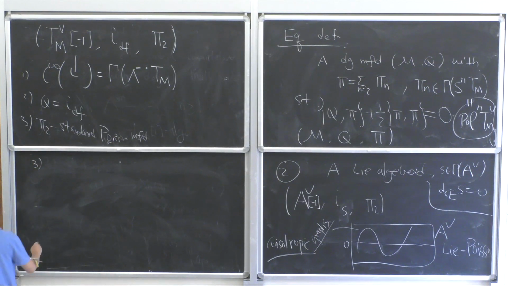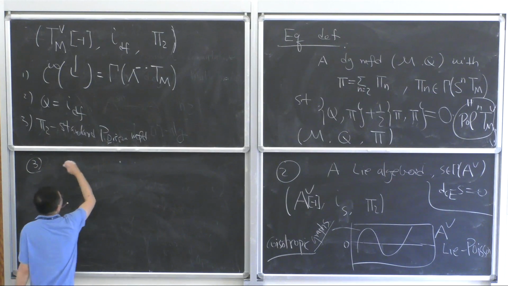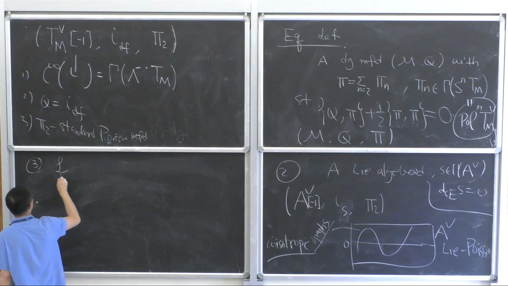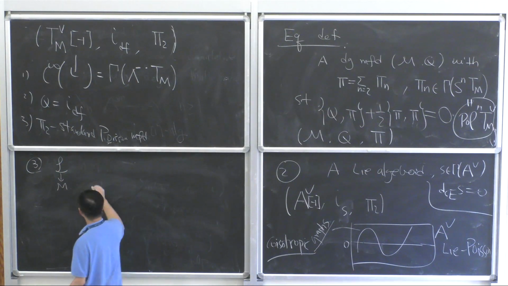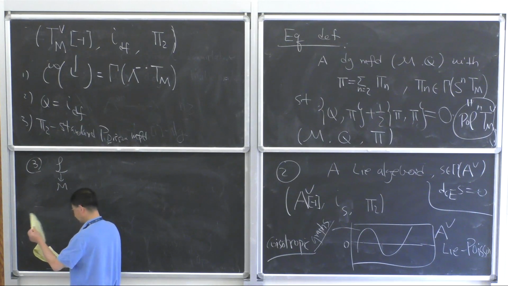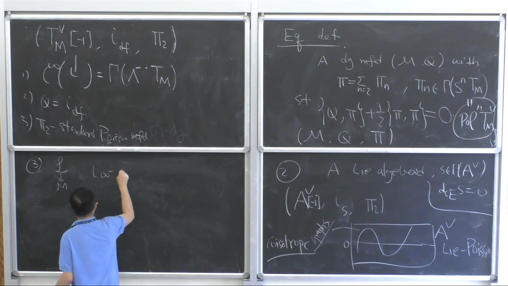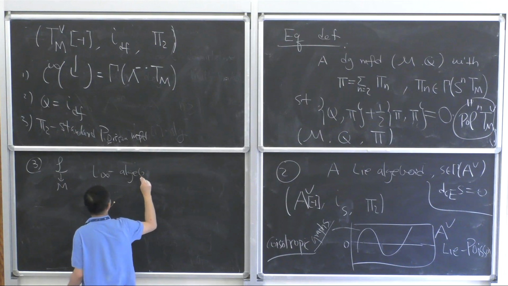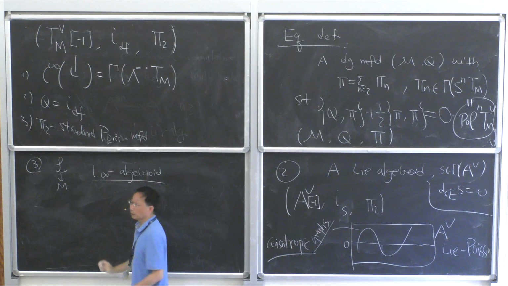The third example is somehow coming from the infinite algebraic. If this is a vector bundle, it's infinite algebraic, which I may not have time to explain, what is infinite algebra.